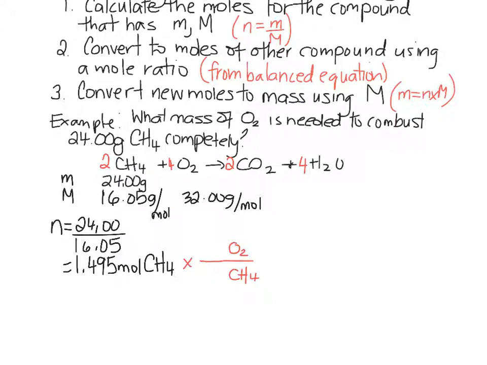So we can reduce that to 1, 2, 1, 2, or we can leave it like that. Let's leave it like that. Keep it simple. So we would put the 4 O2 because of the 4 here, and we would put the 2 because of this 2.